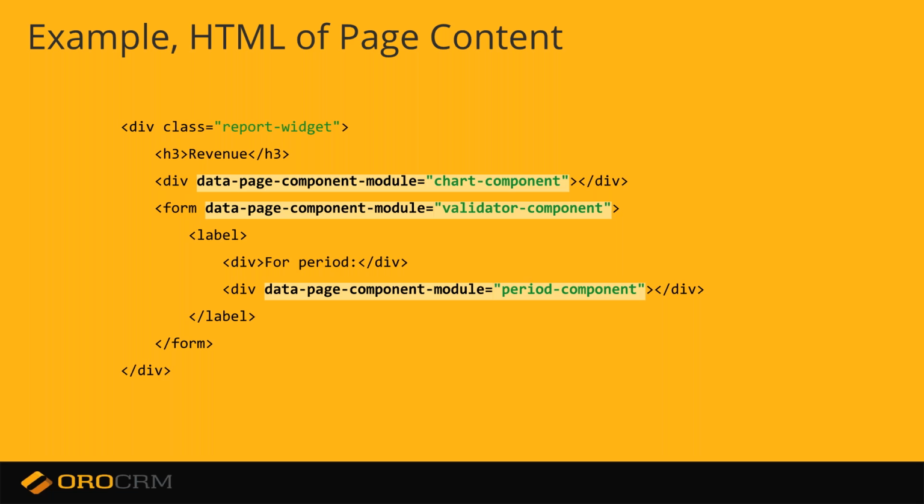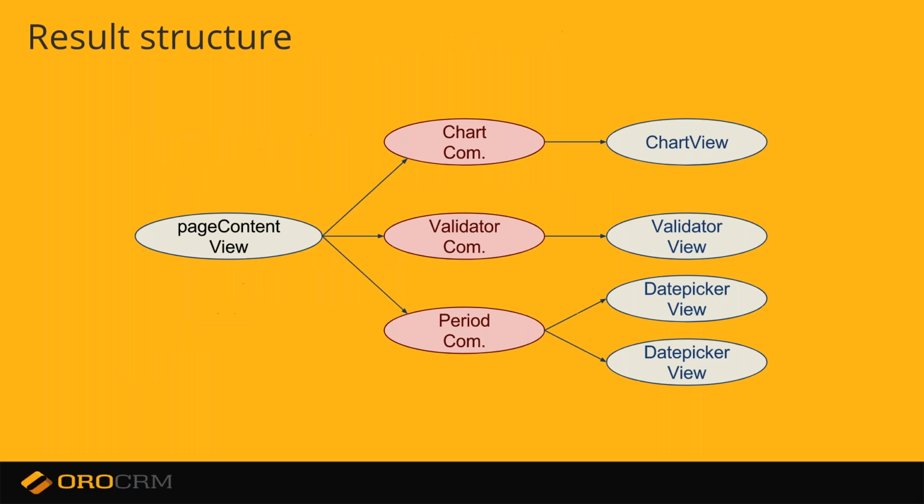As you see, there are three components defined. The first one renders a chart view that shows revenue changes for a period of time. Second, it initializes a validator for the form. And the last one creates two views for date pickers of the start and end of the period of time.